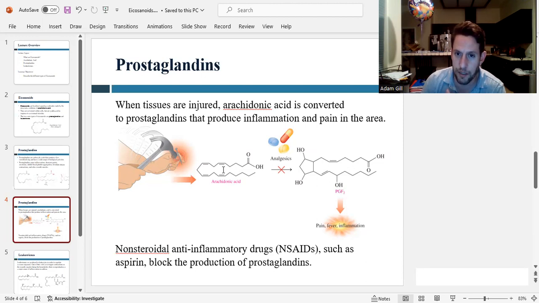So it turns arachidonic acid into prostaglandins, which signal the inflammation response, the pain, the swelling. Non-steroidal anti-inflammatories like ibuprofen block the enzymes required to convert arachidonic acid into prostaglandins. And so that's how they work to stop inflammation, is they stop the conversion of arachidonic acid.